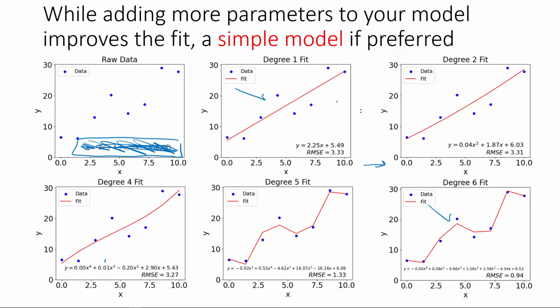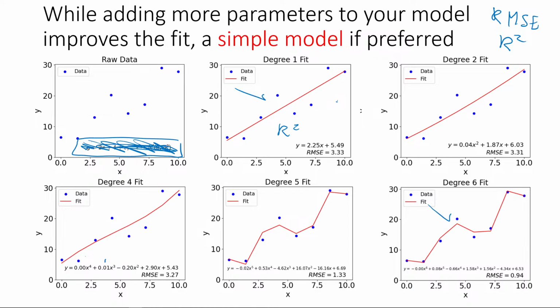So usually there are other metrics rather than root mean squared error or R square. For example, one is called Bayesian information criterion, or AIC. What these metrics do is they reward the model for the goodness of fit, of how well it can explain the data, by high R square, for example.